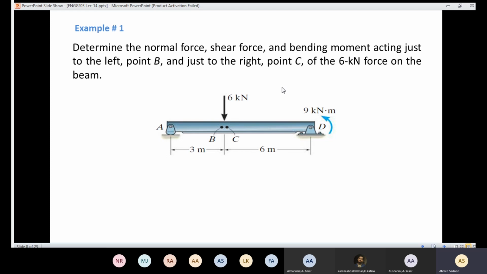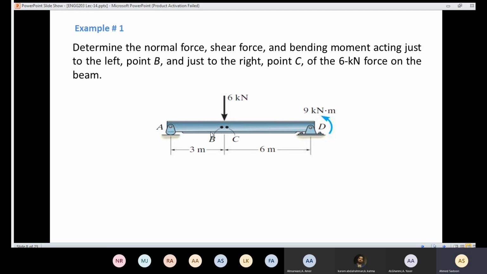And we have two parts for that problem. First, we need to calculate the N, V, and M at the point B, which is just to the left of the 6 kilonewton force. So we are going to cut here. Point B is the first part.